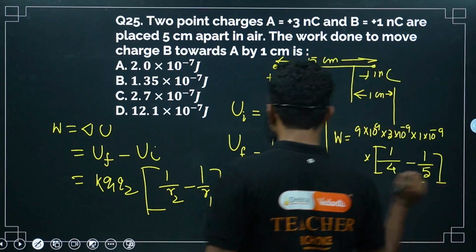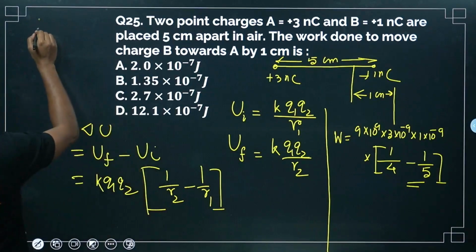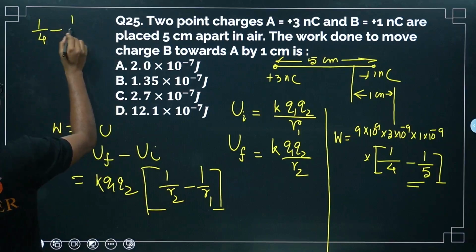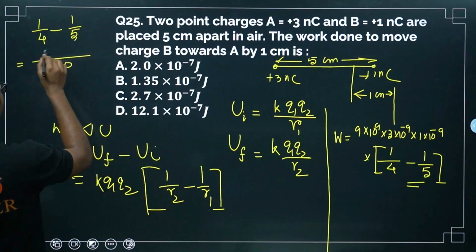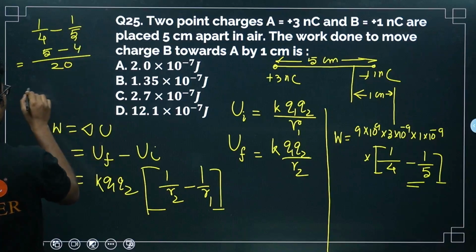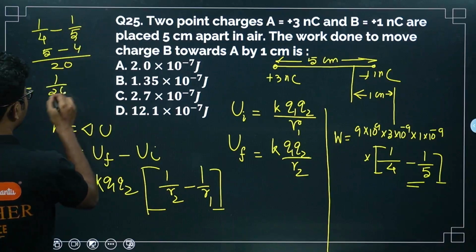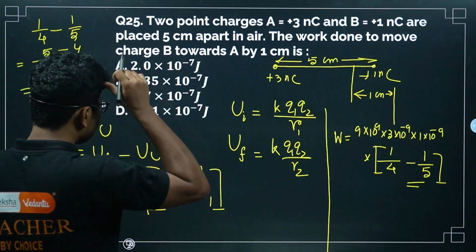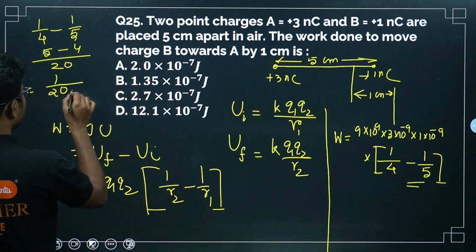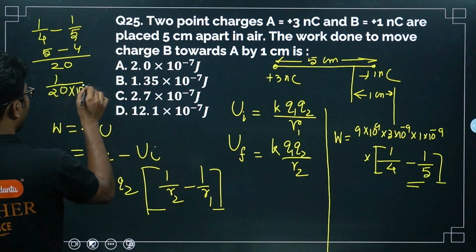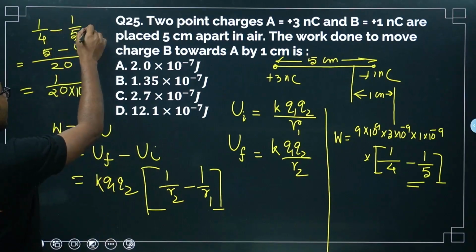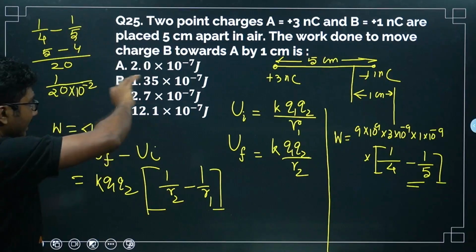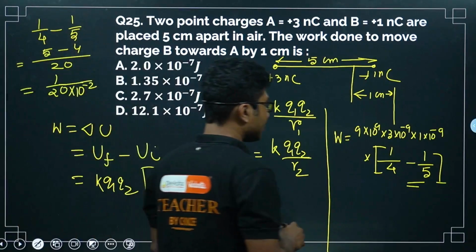Let's see this value. So 1 by 4 minus 1 by 5, that is 5 minus 4, that is 1 by 20. Simple. And they are in centimeter. Centimeter means you have to convert it into meters, so 10 to the power minus 2 will be there in the denominator.